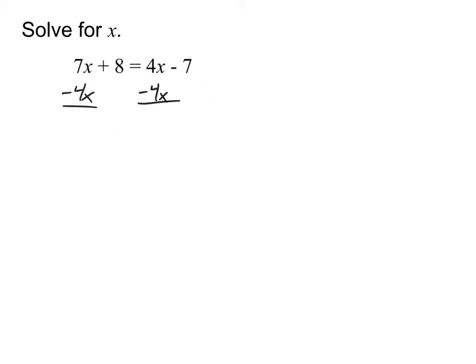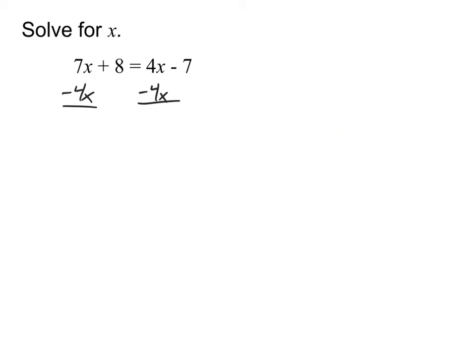The reason is that technically we're starting by doing this, 7x plus 8 minus 4x, and then we're combining the like terms. But by writing it this way, we're just cutting that process short so you don't have to write that extra line. By writing it underneath, we take care of that.